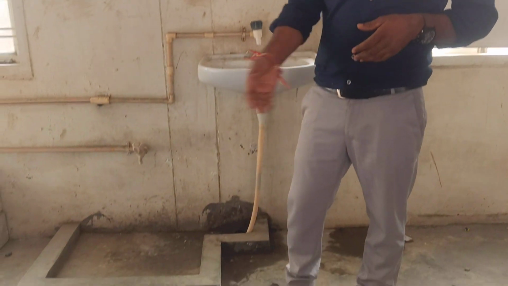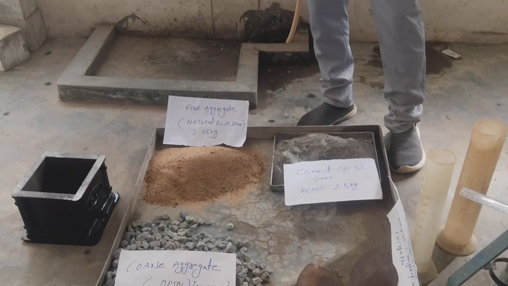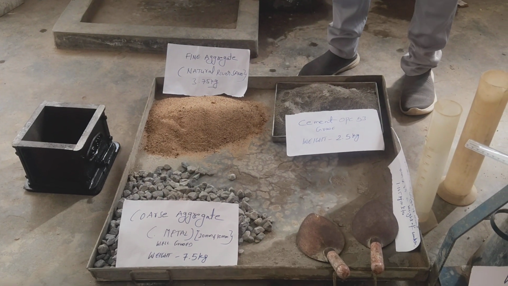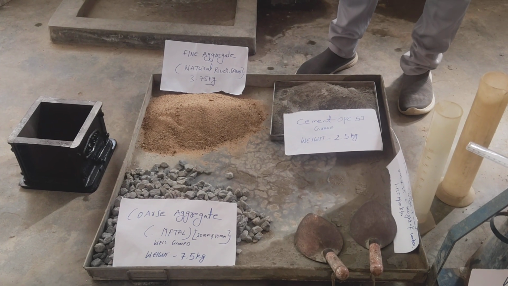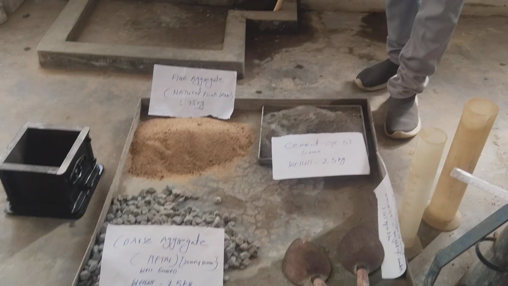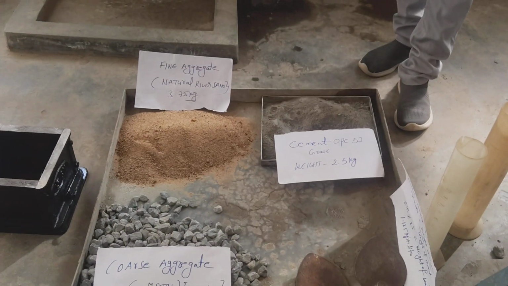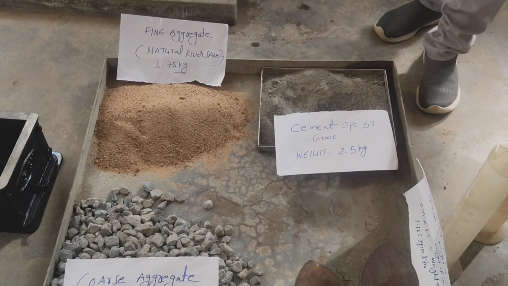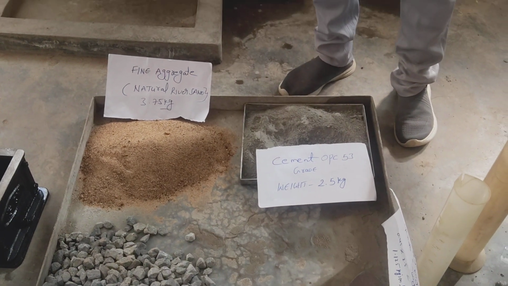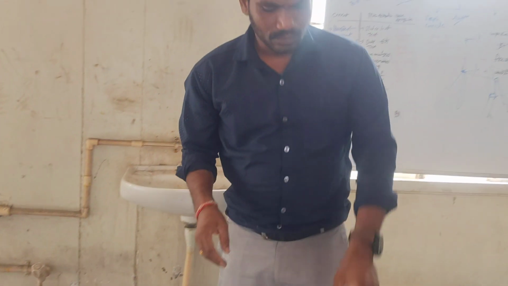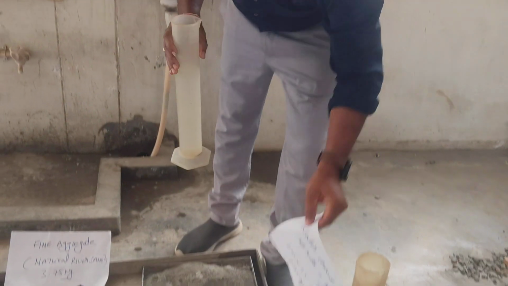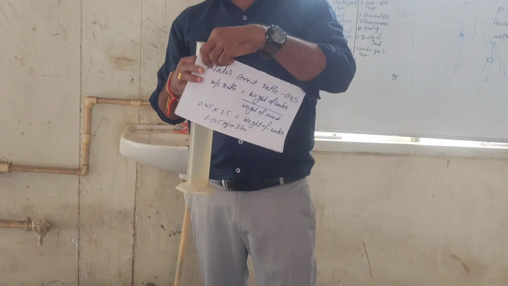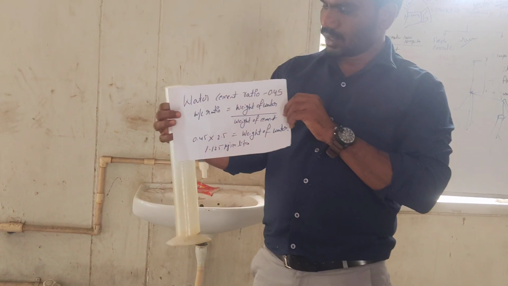The natural river sand also satisfies some of the physical properties required before using in the mix. At the same time, I take the cement content, OPC 53 grade cement. Next, I maintain the quality of water as per IS 456 2000. Regarding the water cement ratio, you already have awareness of it.